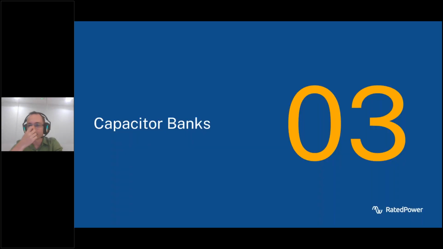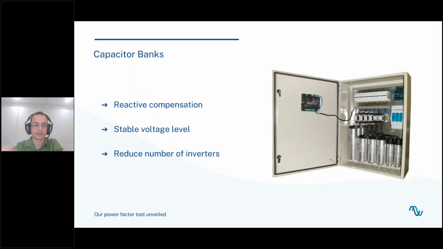Now, I'm going to talk about some of the initiatives that we have in the team. The first one is capacitor banks. We're expecting this to appear in pvDesign in the following weeks, maybe one month at most. First of all, capacitor banks are electrical elements, these circular metallic pieces that apply reactive compensation.